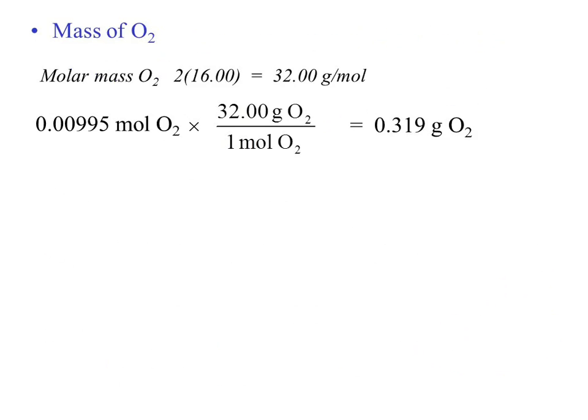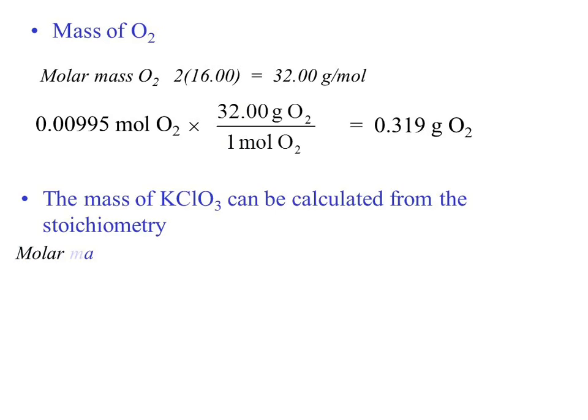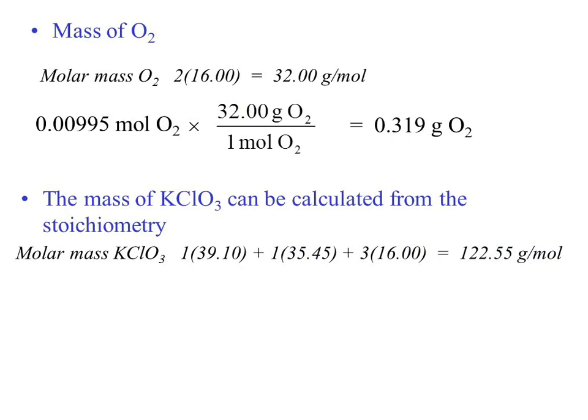So that is the answer to the first one, 0.319 grams. The second part of the question was basically stoichiometry to get back to grams of the potassium chlorate that was decomposed. You'll need to know, and you have it written down, the molar mass of KClO3.